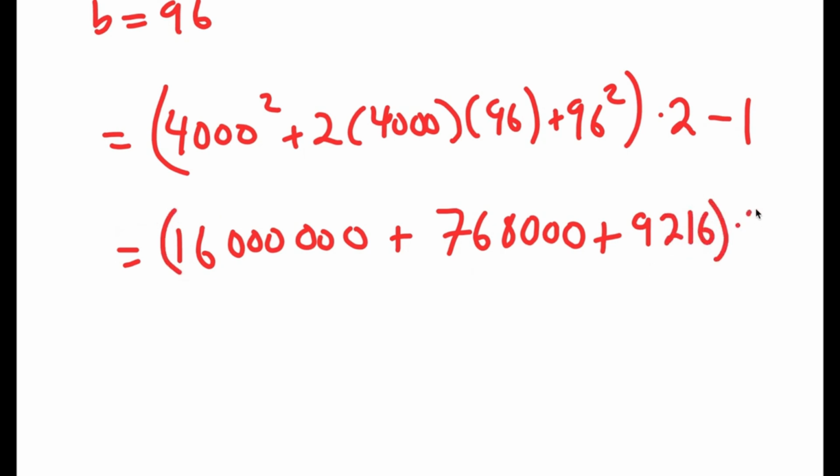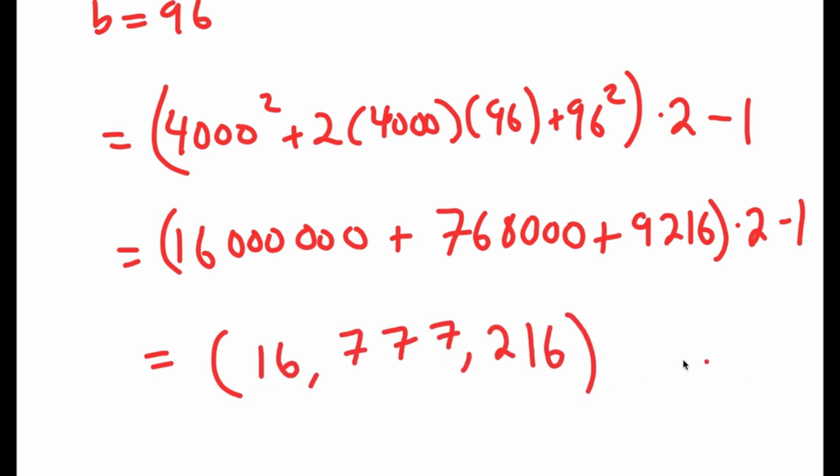And all of this I have times 2 minus 1. So now I'm going to add all these up. If I add all of these up in the parentheses, I get 16,777,216. So now I have this times 2 minus 1.